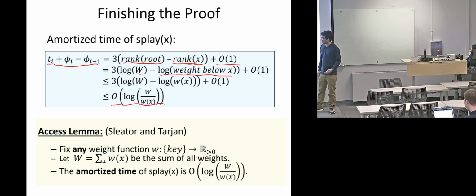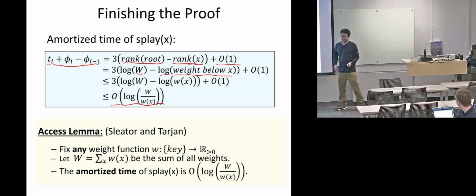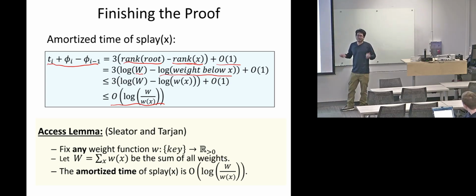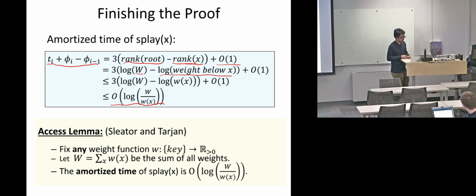And it's non-trivial to come up with the right potential. You see, it's the sum of the ranks. You need to get a really good intuition about the system to come up with the right potential function. And this is the topic of amortized analysis.